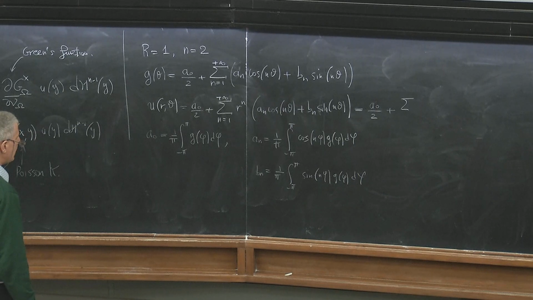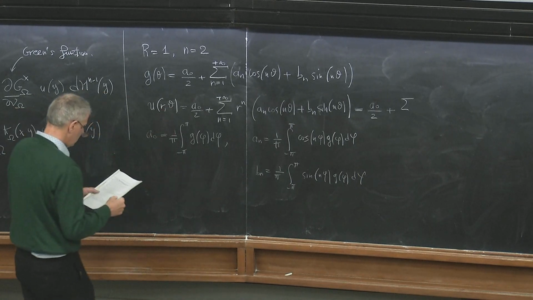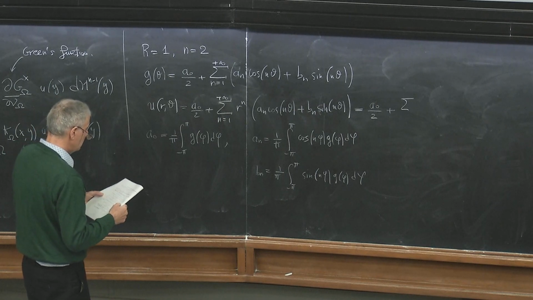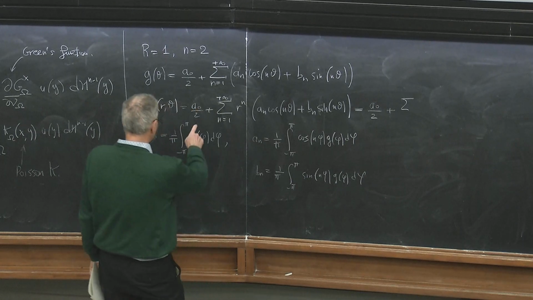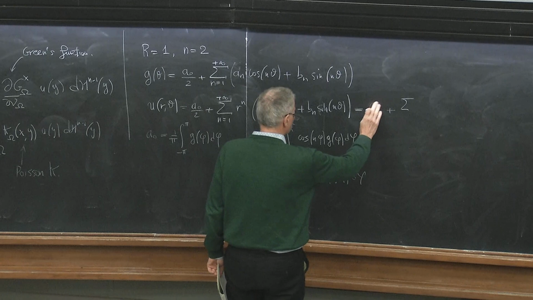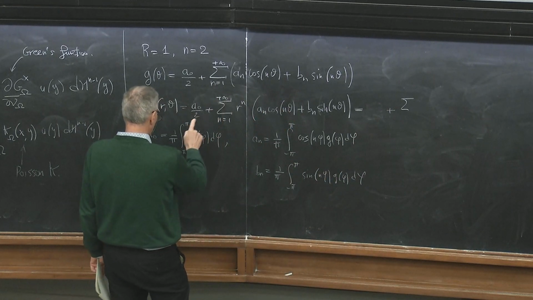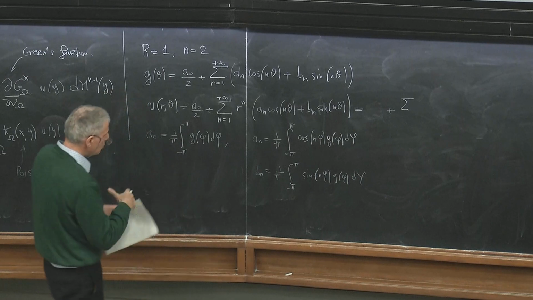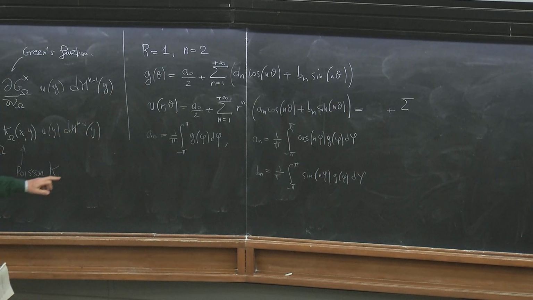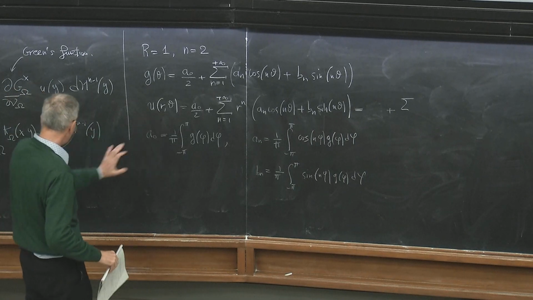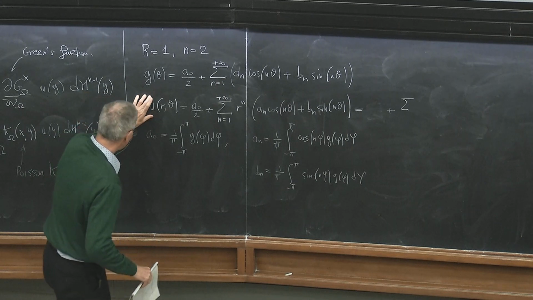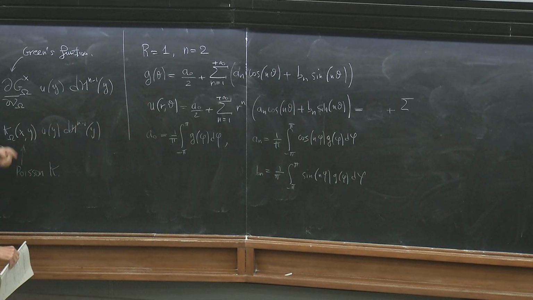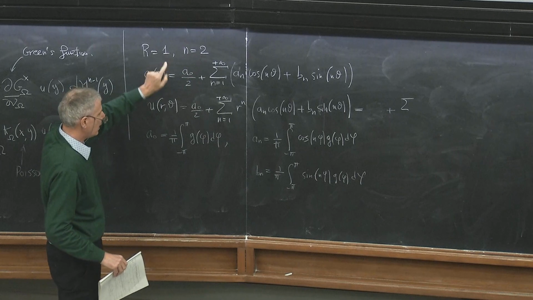I think this is where we were last time. I don't remember if I used R or rho, maybe R. So now the idea is to substitute the expression of the coefficients inside here, make some computations and try to write this u as an integral over the boundary, in this form, and then deduce who is this K, at least in 2 dimensions and when the radius is 1.